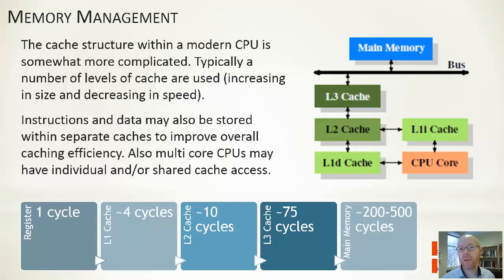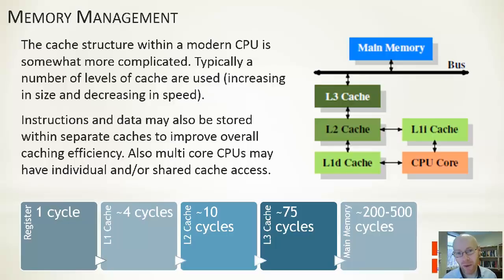If you have to go out to level 1 cache, you're talking about 4 cycles or so, where the CPU has to do other things for 4 cycles before that data is available. Level 2 cache, maybe 10 CPU cycles to get information in. Level 3 cache, could be 75 cycles. If you're going out to main memory at the minute, you're into hundreds of cycles.